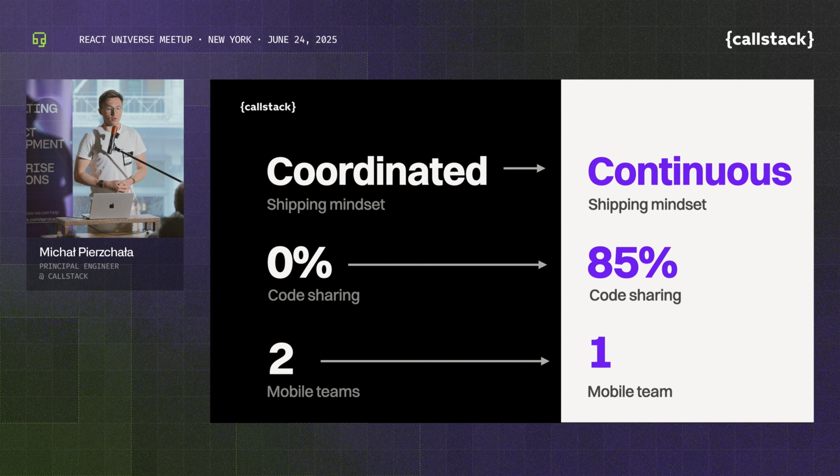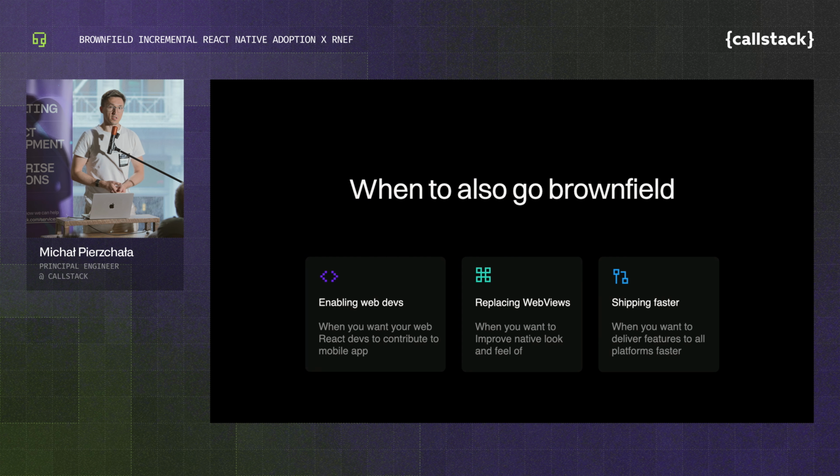They're using React Native. And you can go from 2 teams that are building your mobile product to just 1 team. So this means fewer people to coordinate, and hopefully faster, more integrated releases.